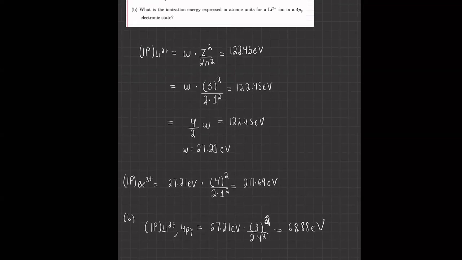For a 4p orbital, it feels less of a pull to the nucleus. If you compare this to what we calculated before for lithium, this is much lower, which means it's a lot easier to remove the electron at a higher energy level. Does that make sense? Yeah, thank you.